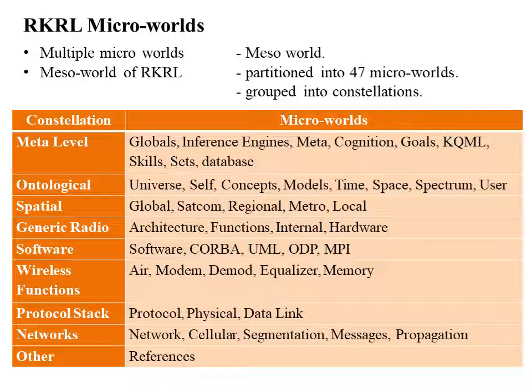This scope cannot be contained in a single micro-world. Thus, multiple micro-worlds of terrestrial mobile wireless constitute a meso-world. The meso-world of RKRL version 3 is partitioned into 47 micro-worlds grouped under different constellations, as shown in this table.